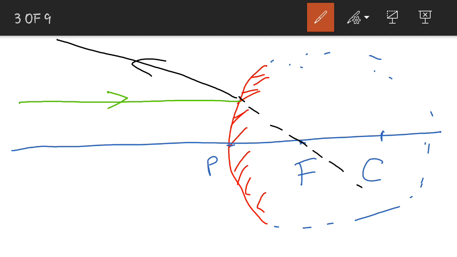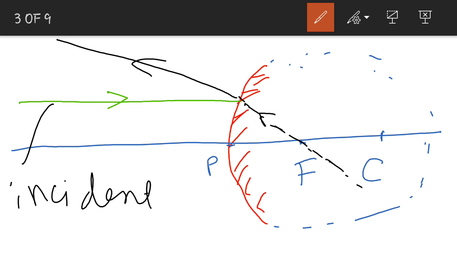So whenever we show that a line appears to pass through the focus, you have to draw a dotted line and show this is the reflected ray. So now this is our incident ray, and this is our reflected ray.